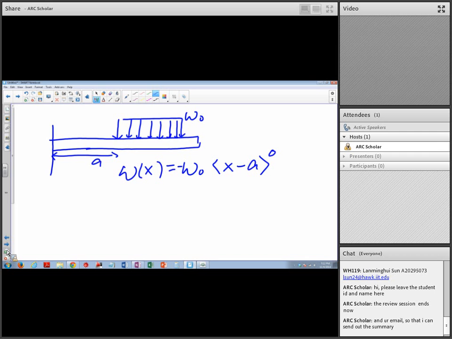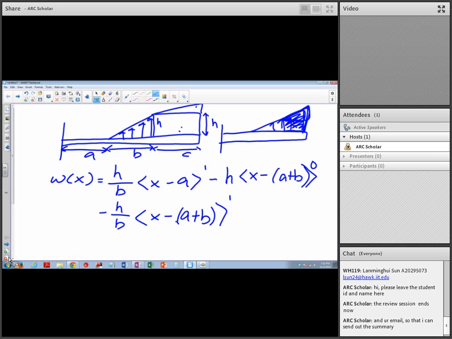So the starting point is a plus b. And the gradient is always going to be the same because it's the same triangle. Yeah, same. The gradient here is going to be the same as the gradient here. So the gradient you can just copy down. Oh, yes. Okay. Yeah.